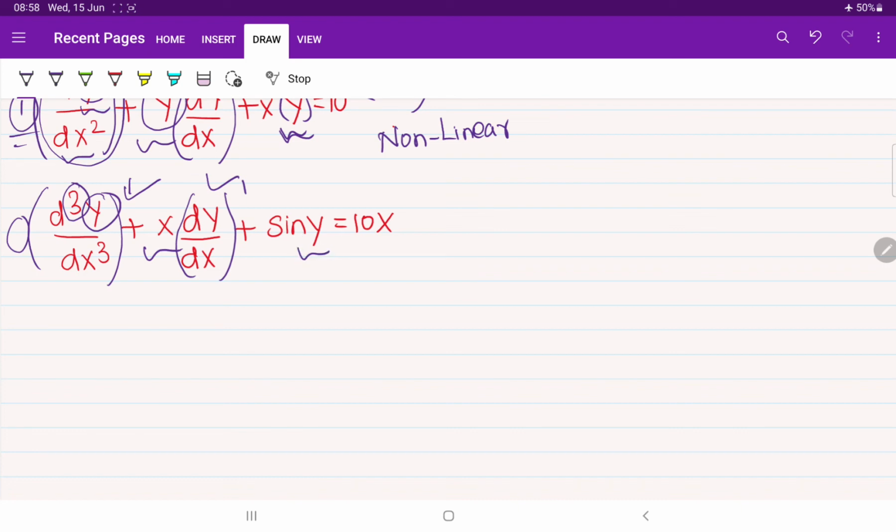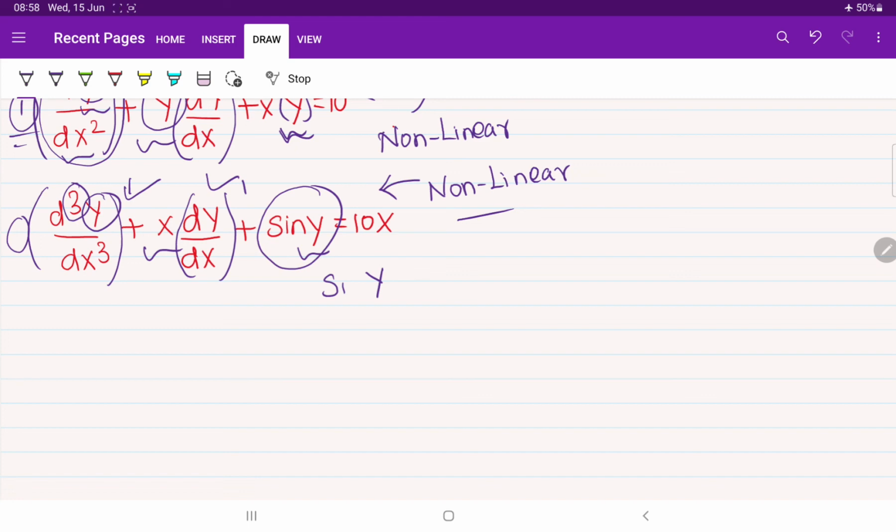But after that, y is existing alone. When y is existing alone, once again it is mandatory to cross check whether y is simply existing or it is in the form of sine, cosine, ln or any other format. Yes sir, here it is existing in the form of sine. So directly you can write your answer: the given differential equation is said to be non-linear only.